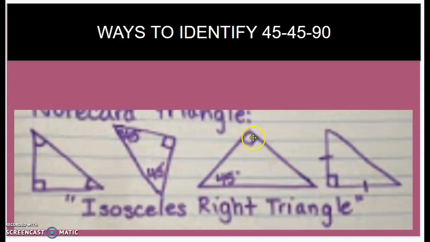Or we could have the right triangle and one angle measure that's 45. Any of these could come up and you are to recognize that, hey, this is a 45, 45, 90, and I will need to use the 45, 45 degree formulas.